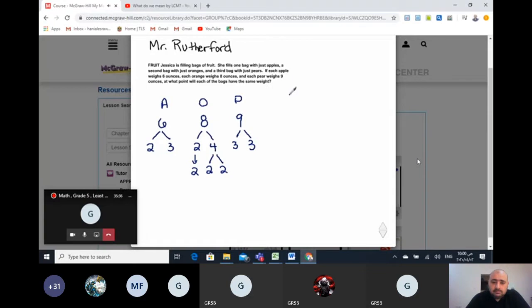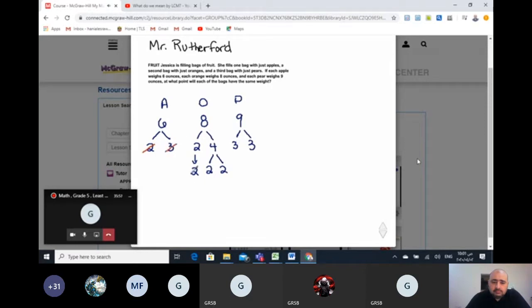Now we can only use prime factors once, so notice that from our first to our second, we've repeated a 2. We're only going to use one of those, so I'm going to cross off this first 2. And notice here we've repeated our 3's. So I'm going to cross off one of the 3's.